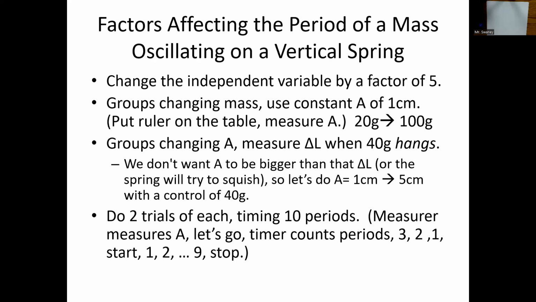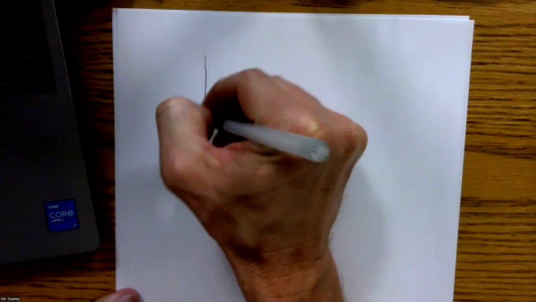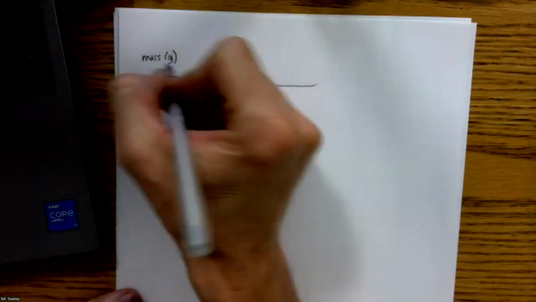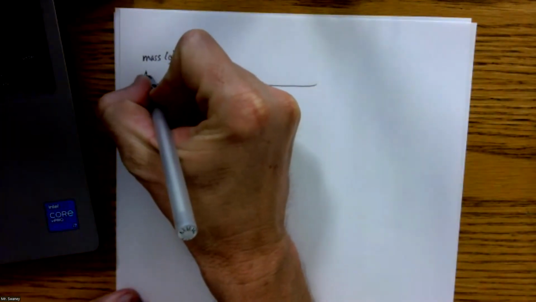So on a piece of paper here that you've written factors affecting the period of a mass oscillating on a vertical spring, let's start or continue writing. You're going to have one of two things over here. So don't do both. You're going to either have mass in grams, something like this, if you're changing the mass, or amplitude.